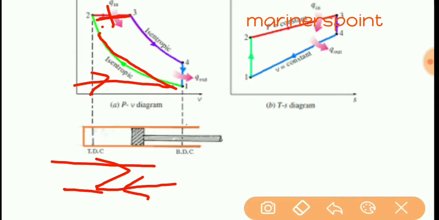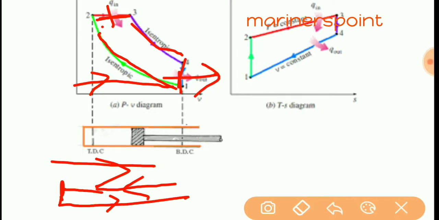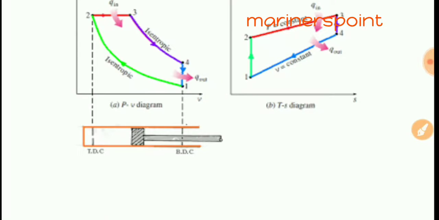After some lag, it comes down after combustion of fuel, the expansion process. Then heat is rejected, that means the piston again moves up and exhaust gas goes out.